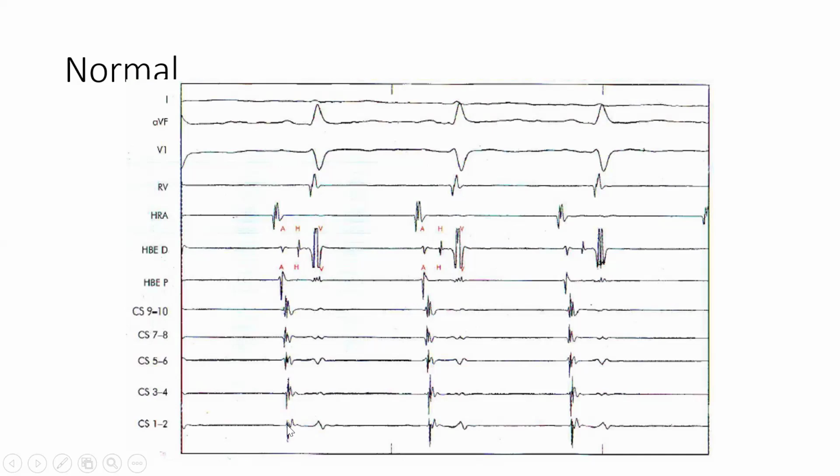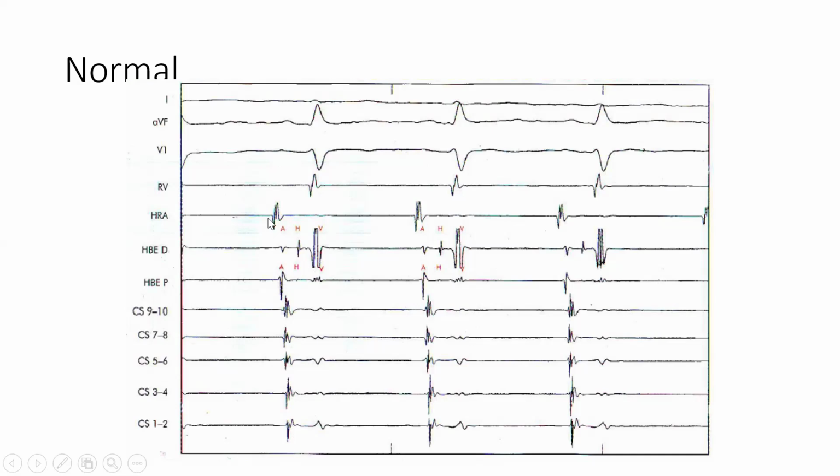If there's an aberration in this conduction, then you can detect the source of the arrhythmia. So what do we mean? You would expect the high right atrium to pick up atrial activity before CS1 and 2. You expect CS9 and 10, or the His catheter, to pick up atrial activity before CS1 and 2.